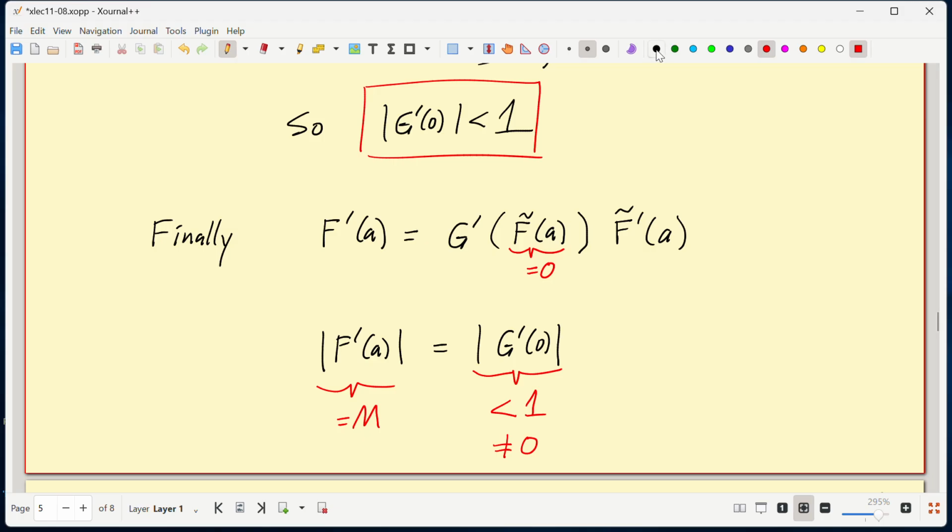And here I get f twiddle prime of A, and we conclude that this must be bigger than m. And that's the contradiction. So F is onto.